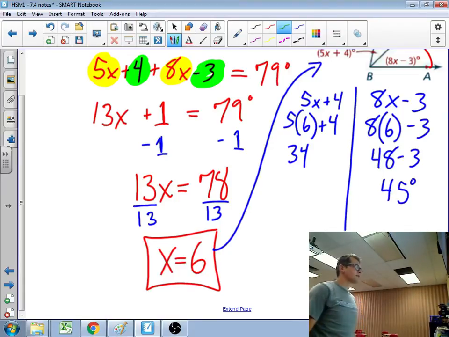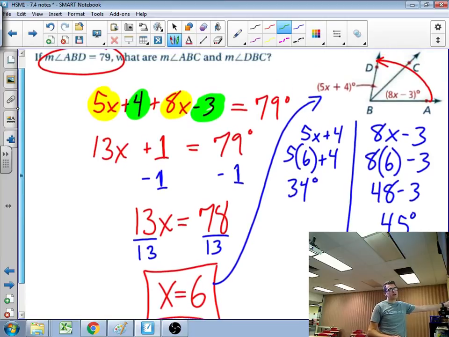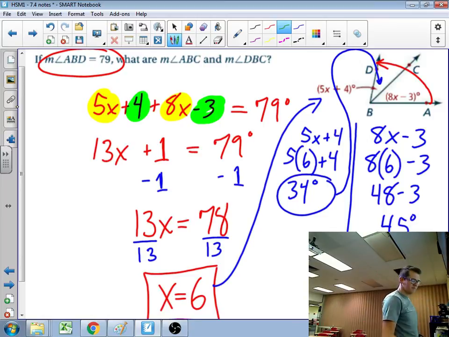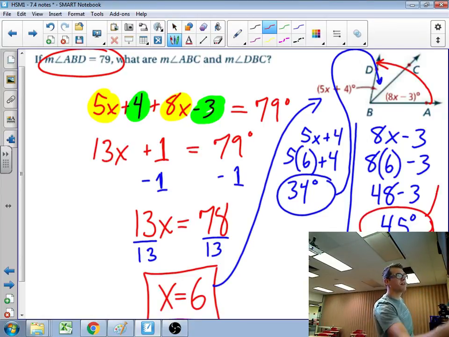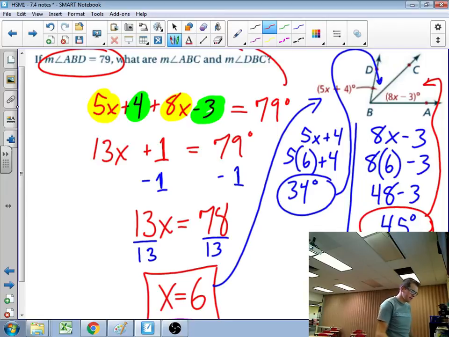And if I add those up, I see that I get 79, which indicates that what I've done is correct. So we get that our smaller angle there is 34 degrees, and that would be angle DBC. And our larger angle, 45 degrees, is right here, ABC.